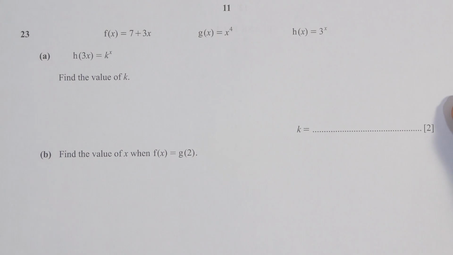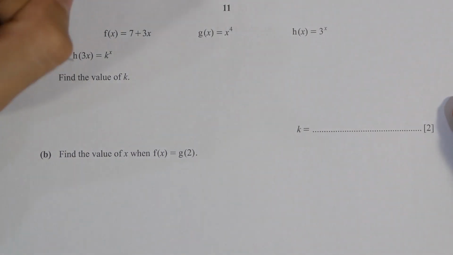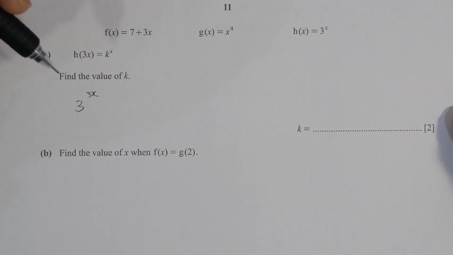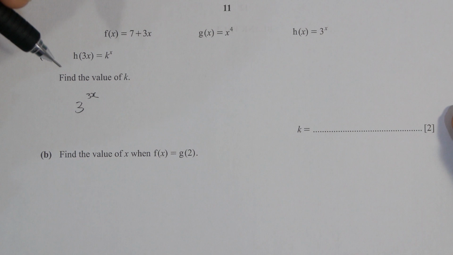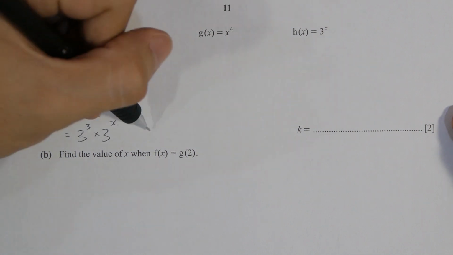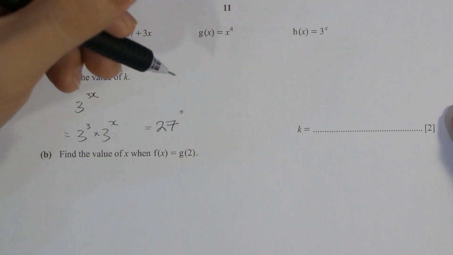So for question 23A, after you run the function calculation, you actually get 3 to the power of 3x equals kx. So simply multiply 3 to the power of 3, then you get 27 to the power of x.